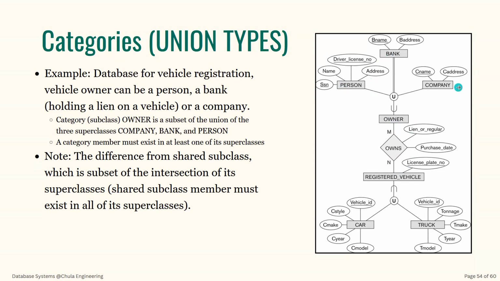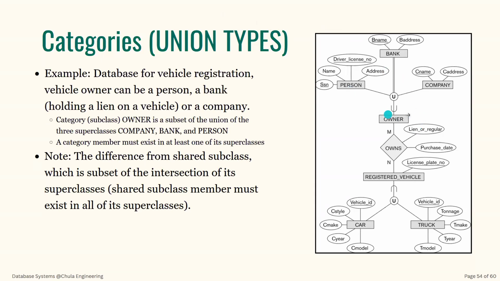Now, person, bank, and company all have different attributes because they do not have the same characteristics. So here, what we say is that when you are an owner of a vehicle, it can be any of these. So you can union it. The words union type come from this.